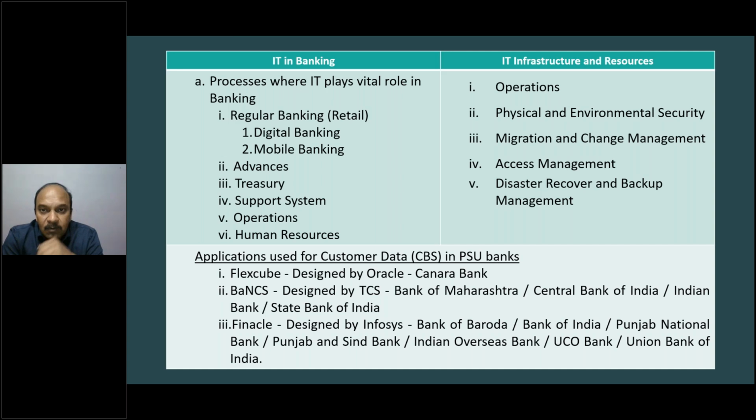Now in this, what kind of infrastructure and resources do they use apart from the operations? Again, you have physical and environmental security. I was just speaking in terms of what controls IT has. So, physical and environmental security, and migration and change management.